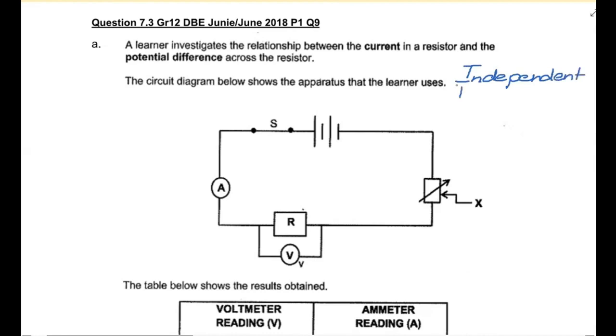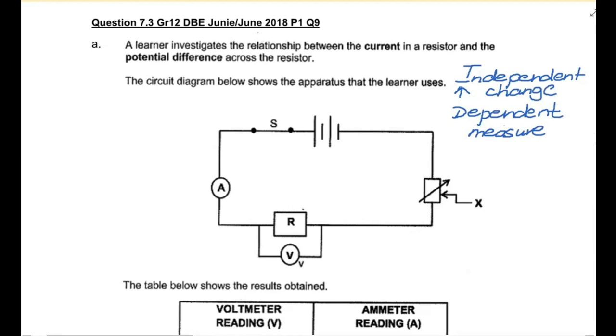It's the one that you change. And the dependent variable depends on the independent variable. So the independent is the one you're going to change every time, and the dependent is the one that you measure.